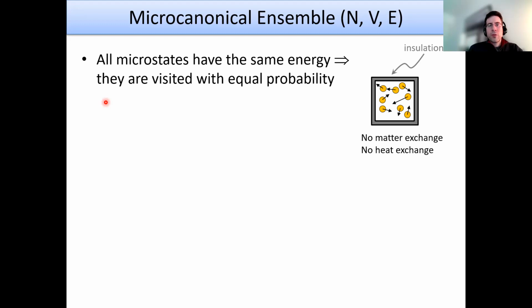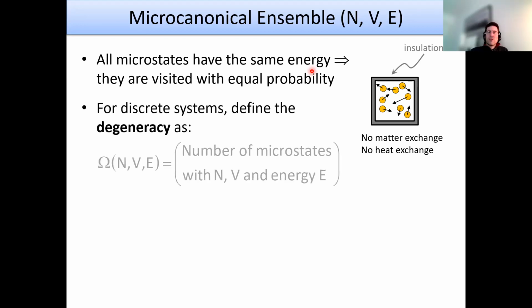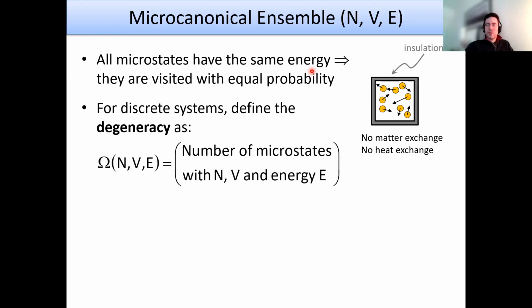So we're going to start with the simplest one, the microcanonical ensemble, in which we fix the number of particles, the volume, and the energy. Since all of these microstates have the same energy, they're visited with equal probability. How many such microstates do we have? If we know that number, we know that the probability of visiting one of these states is 1 over the number of these states. This number is called the degeneracy of the state, and this is for discrete systems, of course.